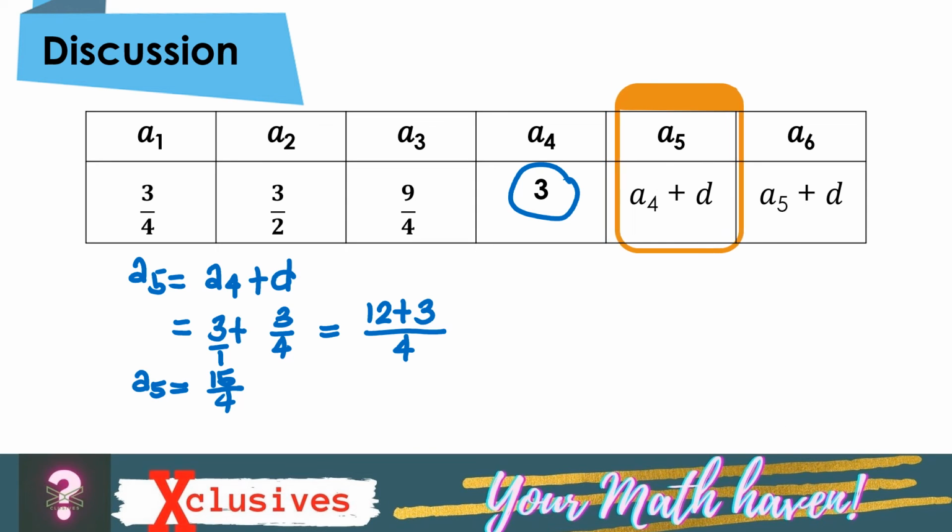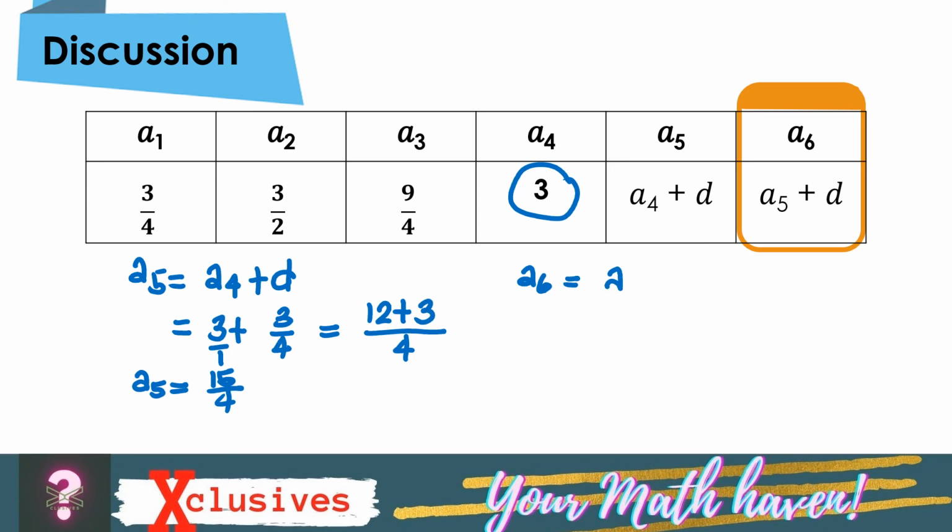Now let's have our sixth term. For the sixth term, we have a sub 6 is equal to the fifth term plus the common difference. Our fifth term is 15 over 4 plus the common difference 3/4. 15 plus 3 is 18.